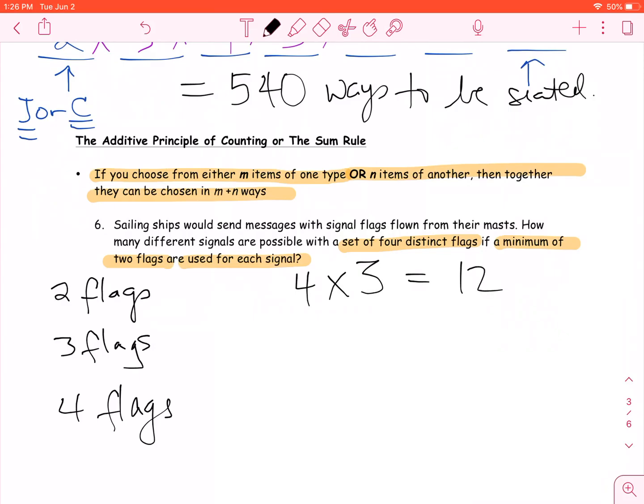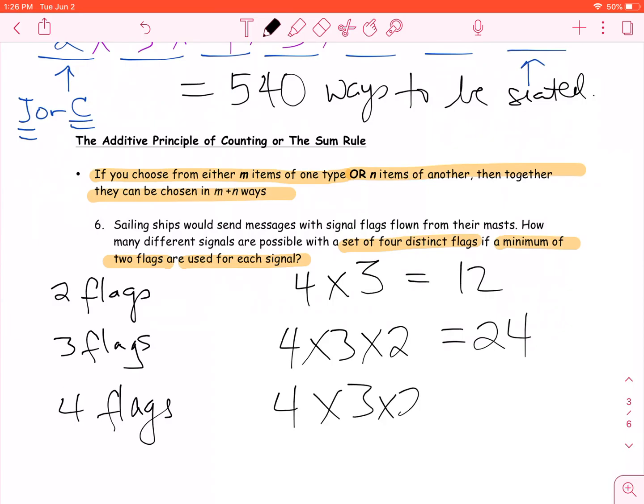Okay, if we use 3 flags, that would be 4 times 3 times 2, which would be 24. And then if we're considering just 4 flags, 4 times 3 times 2 times 1, which is 24.